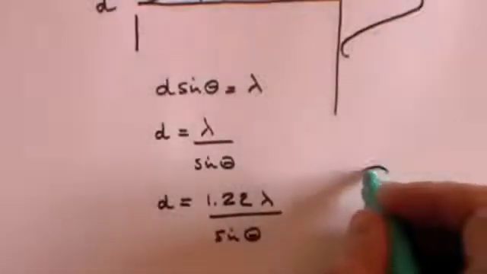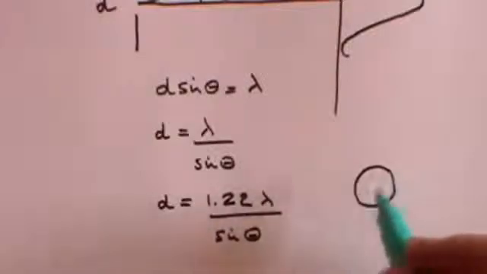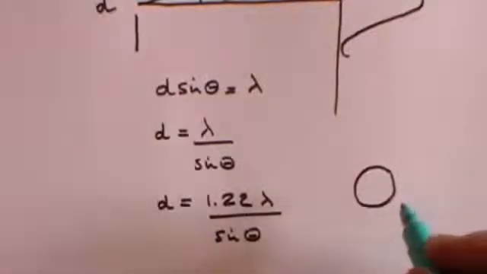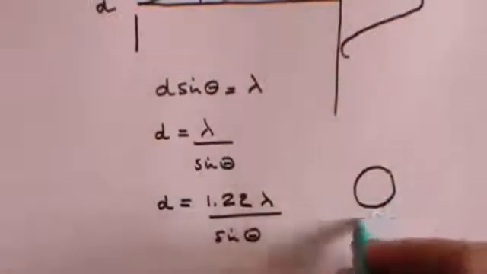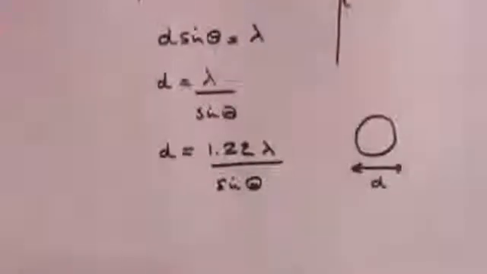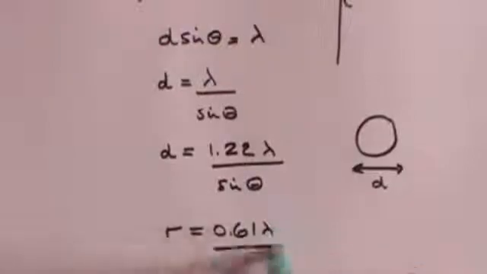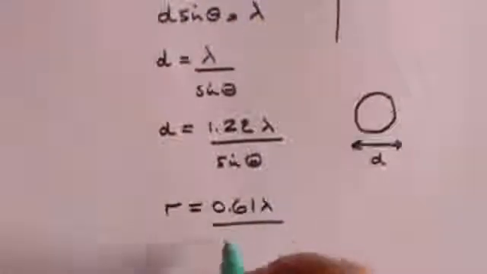In other words, here is the nucleus, d, and it behaves like, as it were, the circular aperture. And d is the diameter of that aperture. So the radius is going to be half that. So the radius would be 0.61 times lambda over sine of the angle.